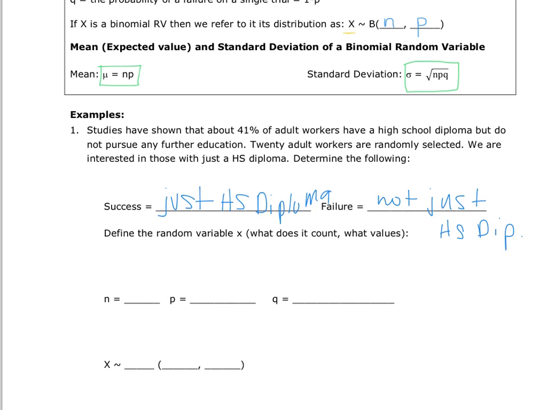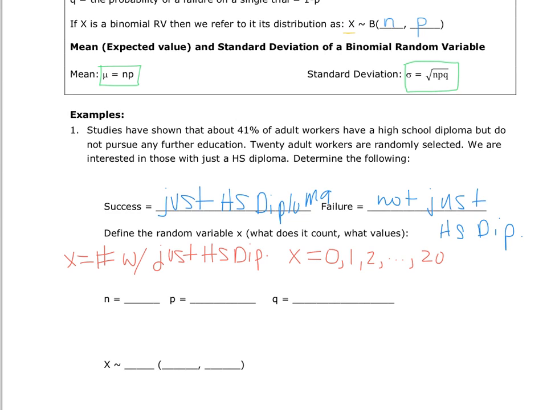It is going to count the number of the 20 with just a high school diploma, and it can equal any integer from 0 up to 20.